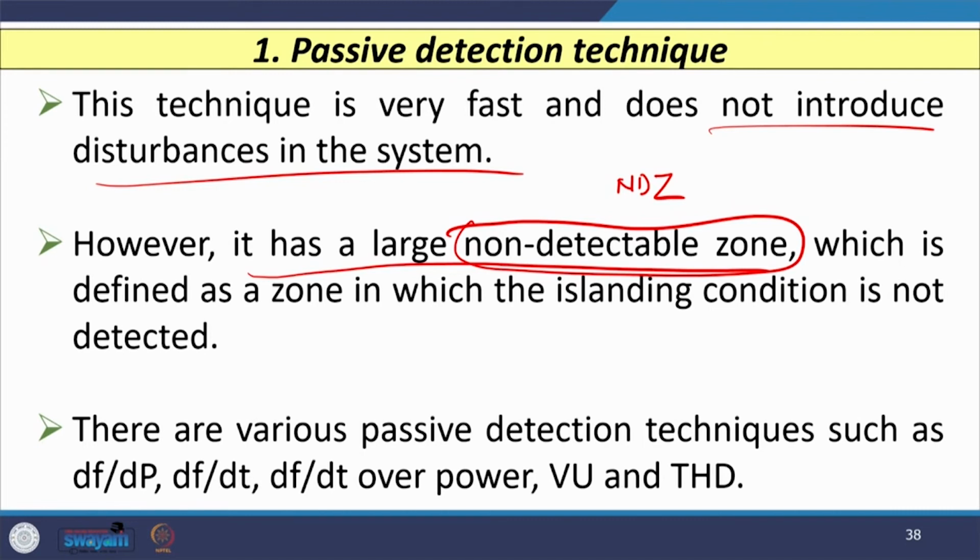Various passive techniques that can be used, as I told you, are the rate of change of frequency, rate of change of frequency over power, voltage unbalance, harmonic distortion and so on.